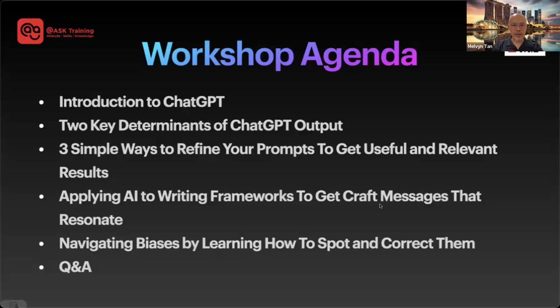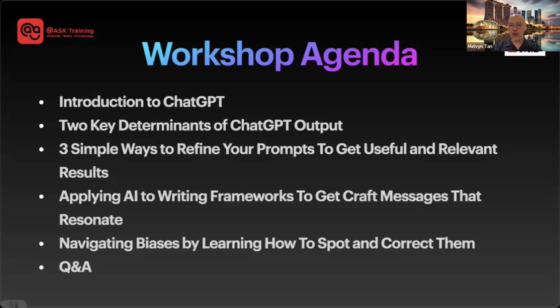And after that, we are going to talk about applying AI to writing frameworks. So how do we use certain frameworks to get AI to craft the messages that we want? And then we are also going to move on to navigating biases.